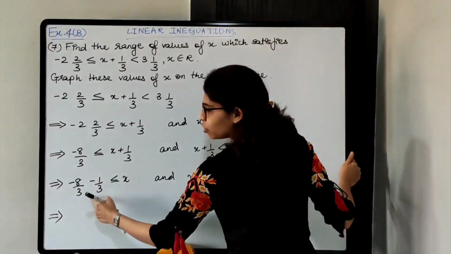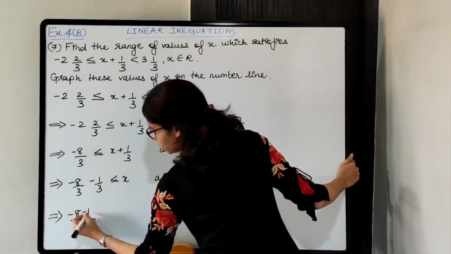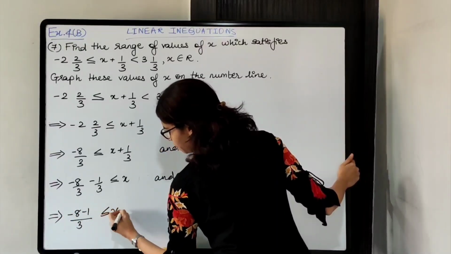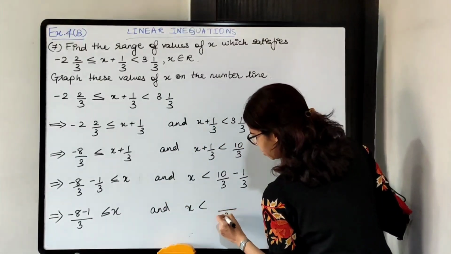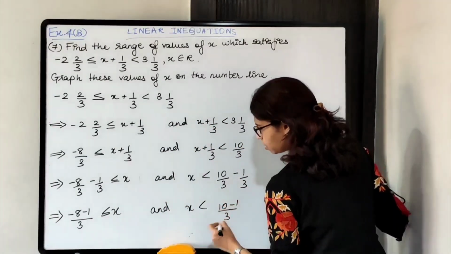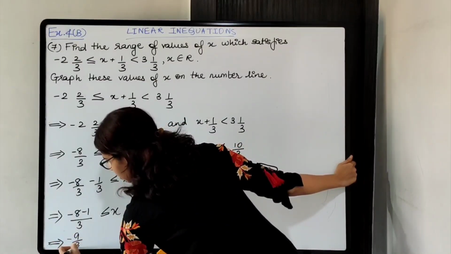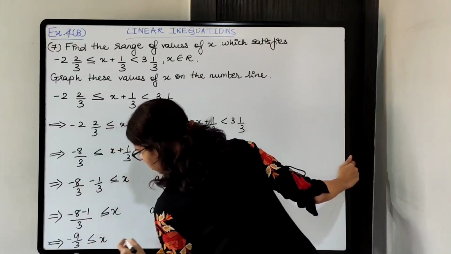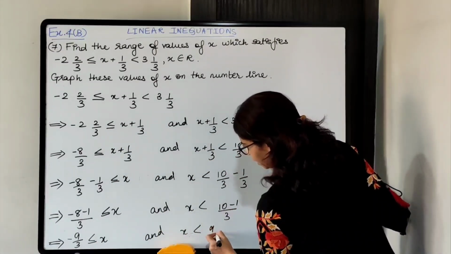So same denominator, common denominator ले सकते हैं 3, and minus 8 minus 1 will give minus 9 in the next step. And here again common denominator 3, 10 minus 1. So this gives minus 9 by 3 is less than or equal to x, and x is less than 9 by 3.